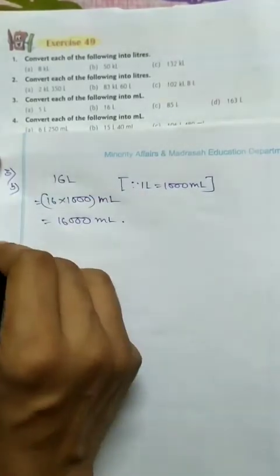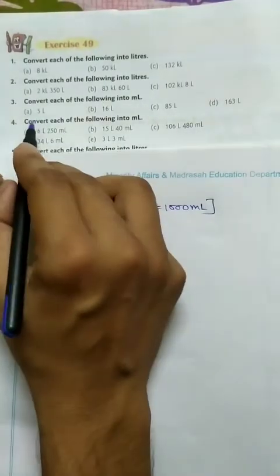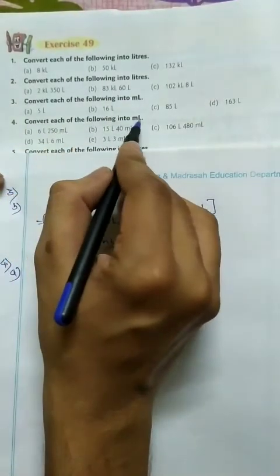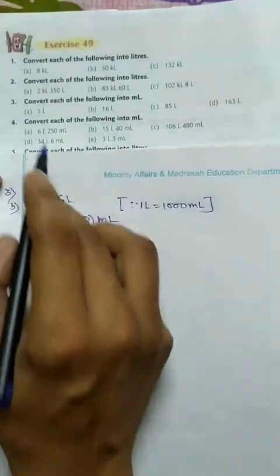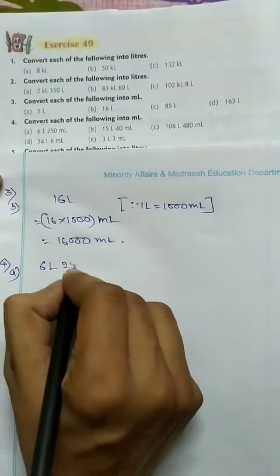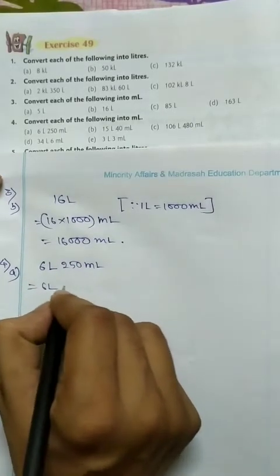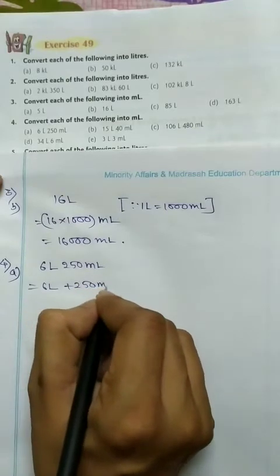Okay. Next question number 4A. Convert each of the following into milliliter. Okay. Now question number A. 6 liter 250 milliliter. Separating this, we have 6 liter plus 250 milliliter.